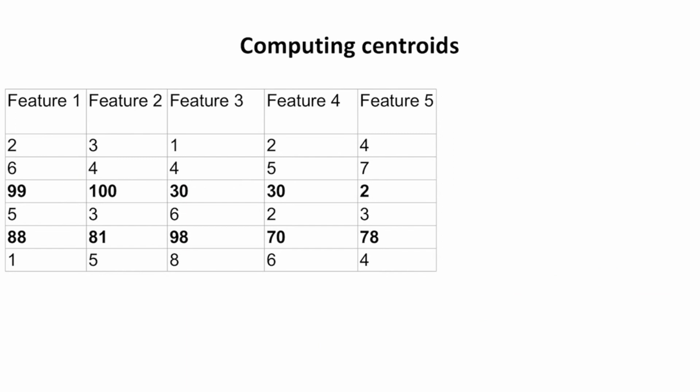For example, if you have this 5-dimensional dataset and you have two clusters, and let's say that these rows belong to cluster 1 and these two rows belong to cluster 2, then you will have two cluster centroids, and each of those cluster centroids will be 5-dimensional. That is because you have 5 features in this dataset.